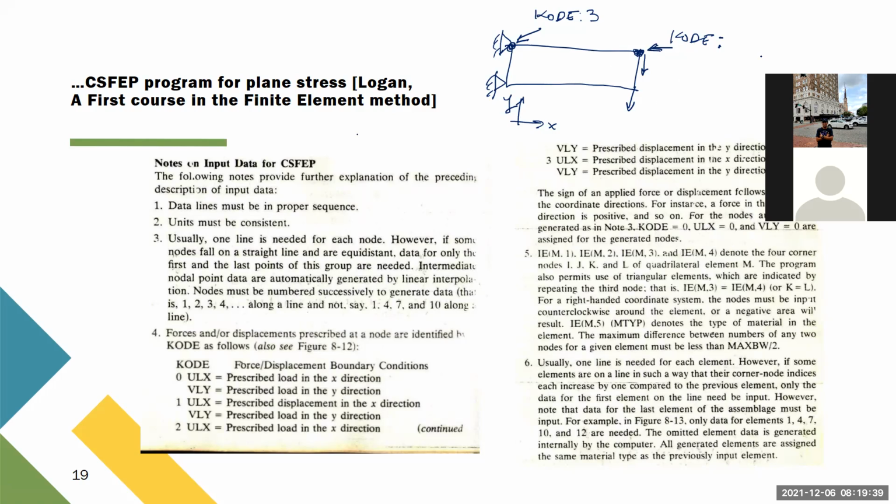It's 0 because you know values of the force in the x, the load in the x and in the y direction. So you know this and you know that. So the code is 0. So according to the type of restriction or load that you have in every joint, you can specify the type of load at the joint that you are defining. Okay?